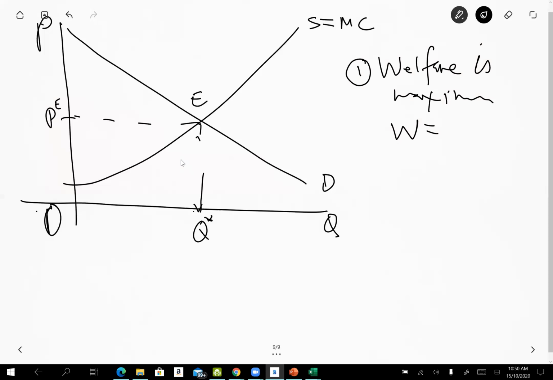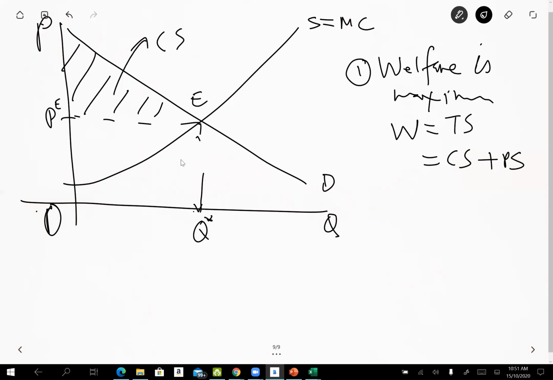Welfare is simply the total surplus, which is equal to the consumer surplus plus the producer surplus. So under perfect competition, the consumer surplus is maximum, the producer surplus is also maximum. So that is the outcome of market economy.